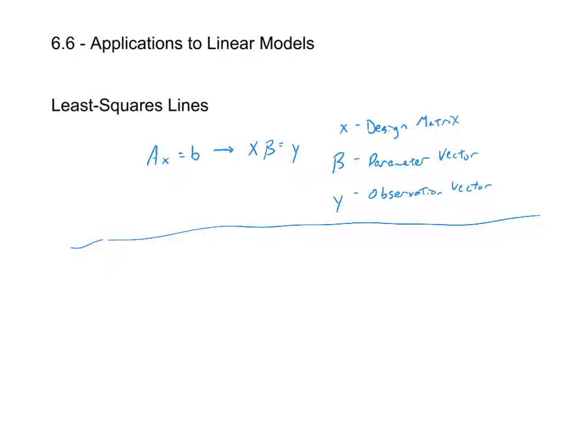All right, so what is a least squares line? It looks like this. A least squares line is y equals b naught plus b1x. Y equals mx plus b, y equals b naught plus b1x. We're writing the equation of a line, a best fit line, a least squares line.